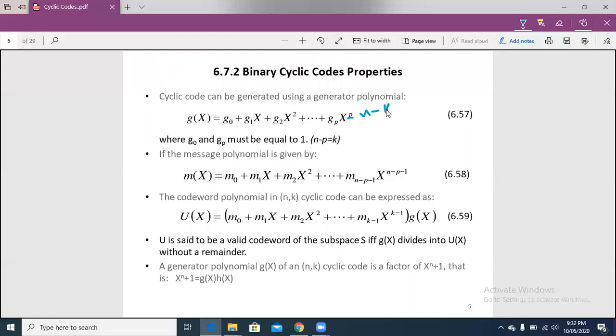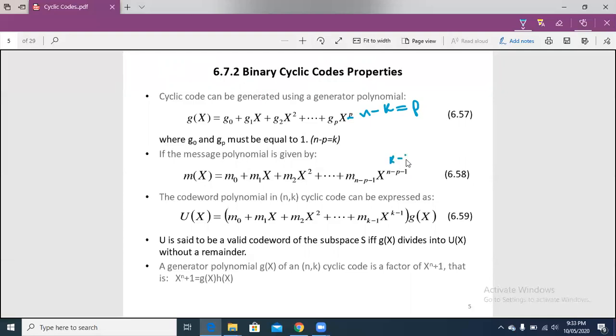The parity is n minus k, and k bits of message polynomial. So the message polynomial will be of order k minus 1.